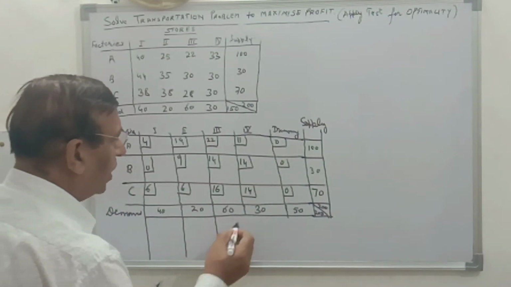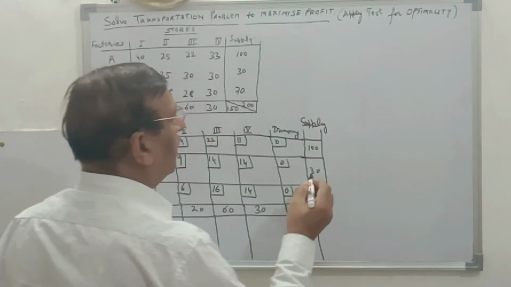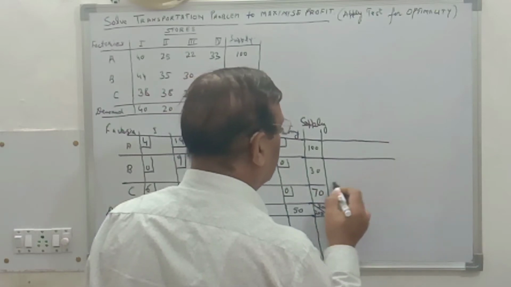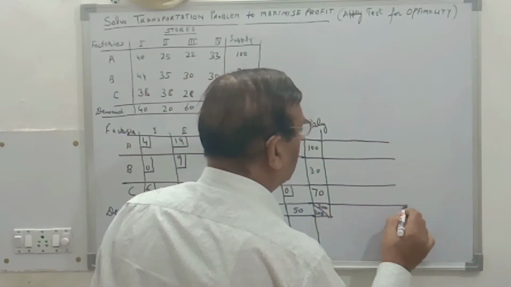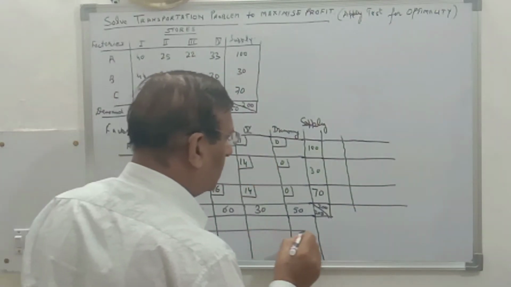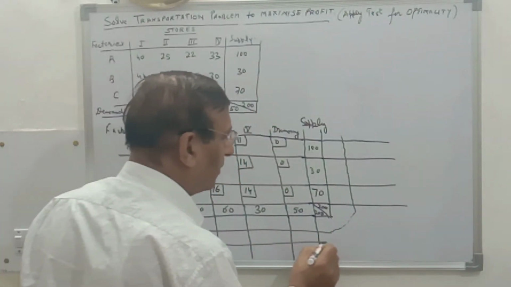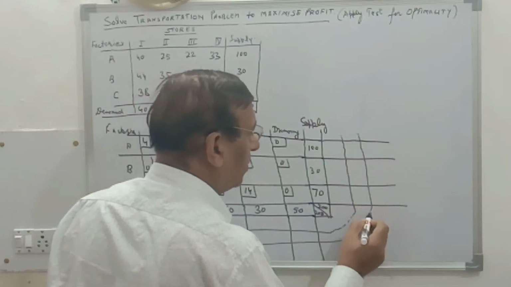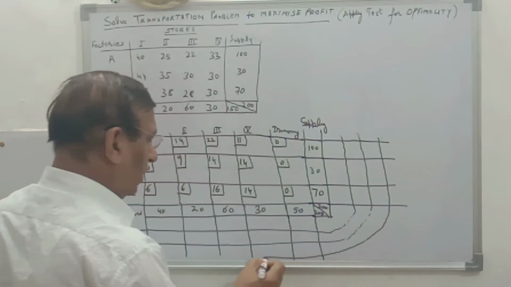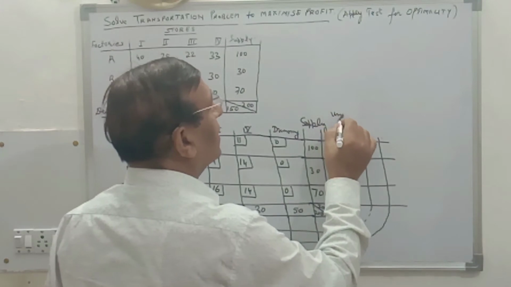So we are to calculate the unit penalty, the difference between the minimum and the next minimum. If there are two minimum numbers, then the difference will be 0. So these are the unit penalties.